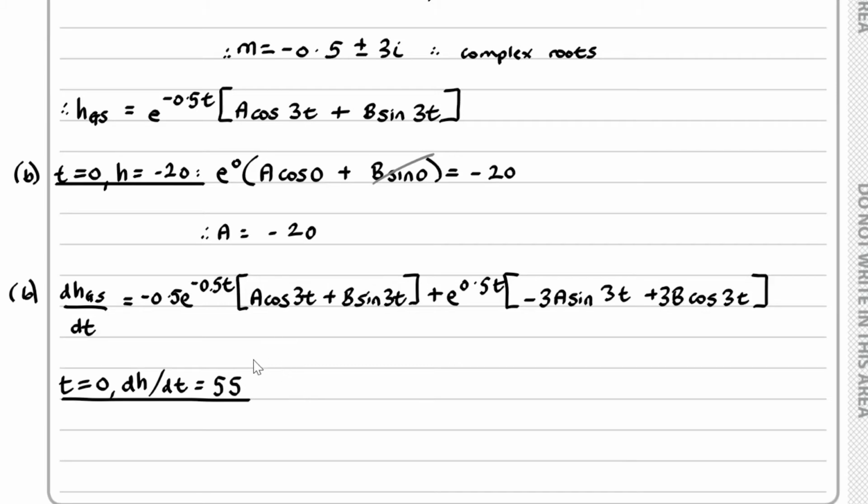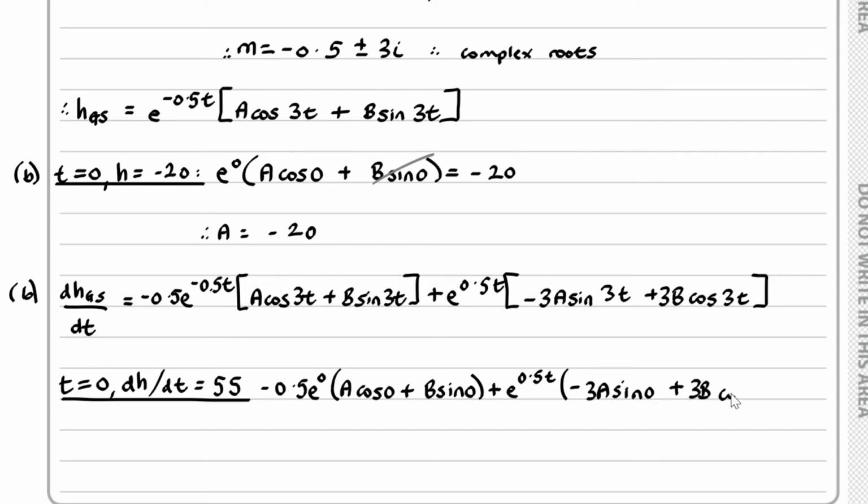So if we substitute in what we know, we have minus 0.5 e to the 0 lots of a cos 0 plus b sine of 0 plus e to the 0.5t lots of minus 3a sine of 0 plus 3b cos of 0, and this is equal to 55.